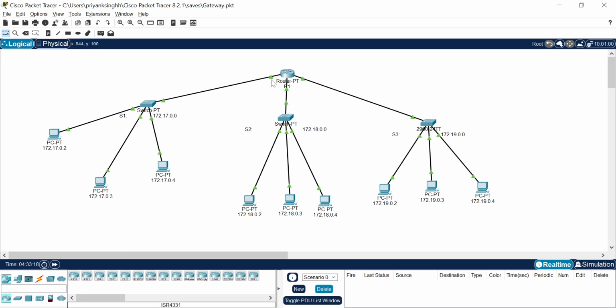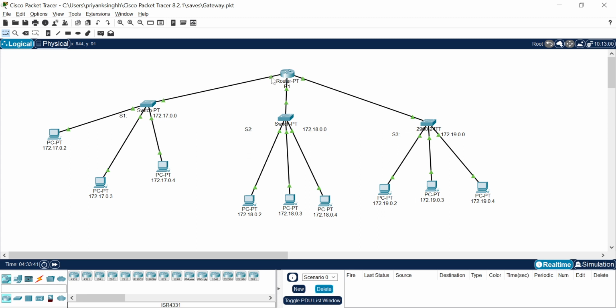I have to configure these IPs, that is the first IPs of every network, at the router port from which that network is connected. So I have to configure 172.17.0.1 IP for FastEthernet port 0/0, because this network is connected to FastEthernet port 0/0.